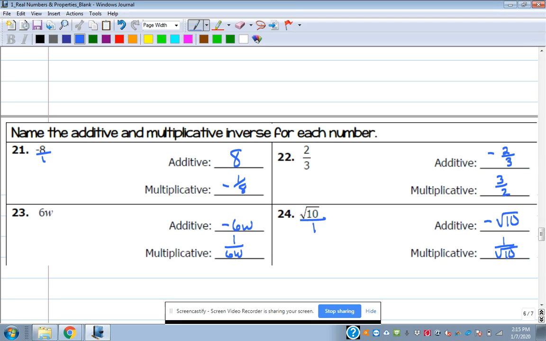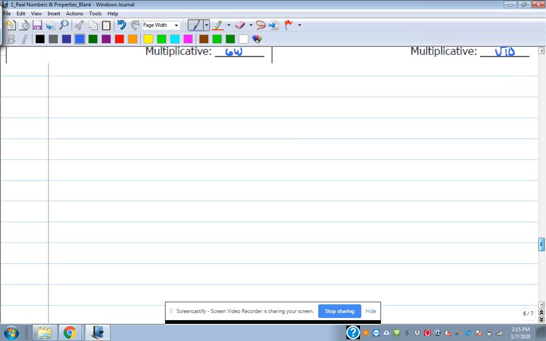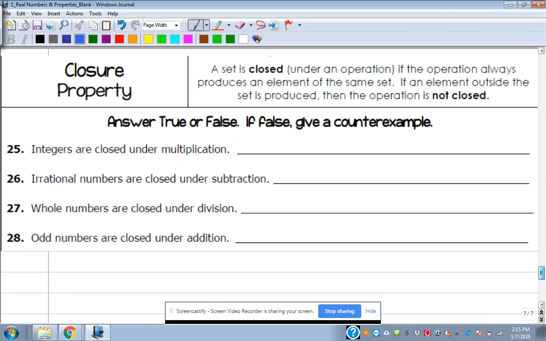Okay. All right. Last property of the day, last thing we're going to do, and then you'll have about 50 minutes here to work, is the closure property. Closure property is talking about a set of numbers closed under a certain operation. When a set is closed, whatever you start with, you're only going to pick numbers from that set.